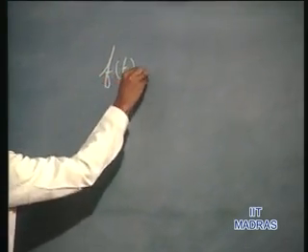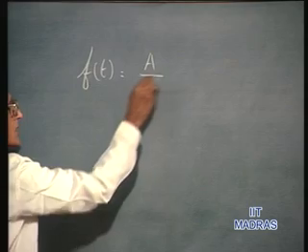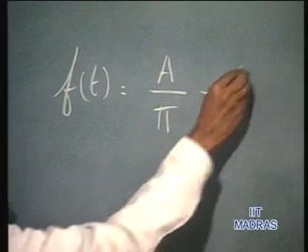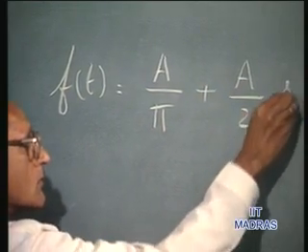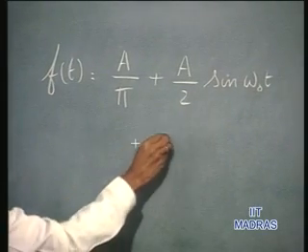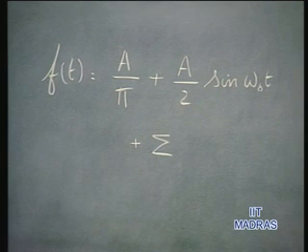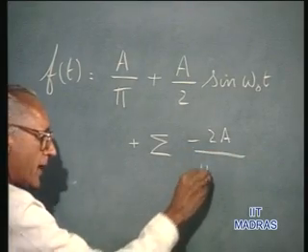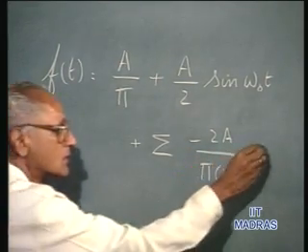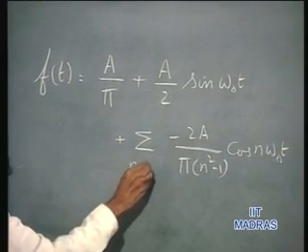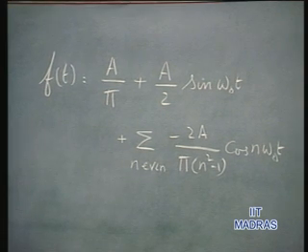So the Fourier series for this waveform would be f of t equals the DC term a upon pi plus the fundamental term which comes from the odd part a upon 2 sin omega naught t plus the remaining terms in the Fourier series expansion of the even part of the function, which will be minus 2a over pi times n squared minus 1 cos n omega naught t for n even starting from n equals 2 onwards.